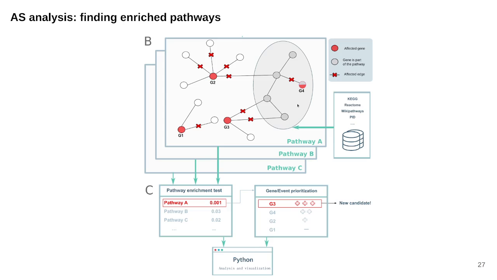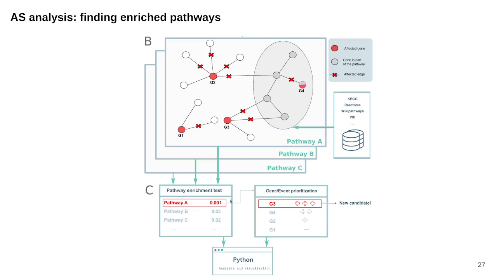So this is the overall method of NEASE. You first run a gene set enrichment at edge level, and you do that for all of the pathways. You correct for multiple testing. Then using the Python package, you can also focus on single pathways, for example here pathway A, and prioritize the events.